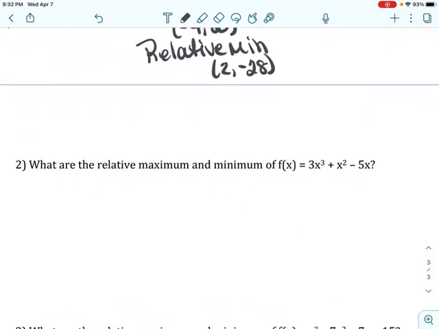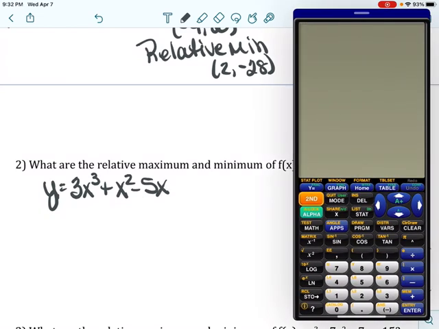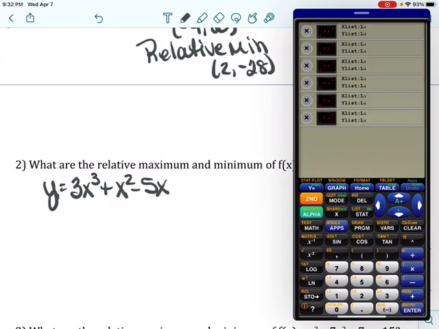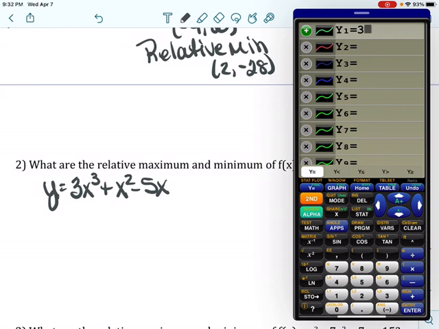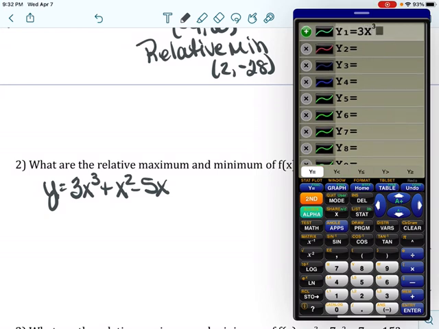Okay, so I got to put it over here because I can't read it with my calculator overlapping it. There we go. 3x cubed plus x squared minus 5x.